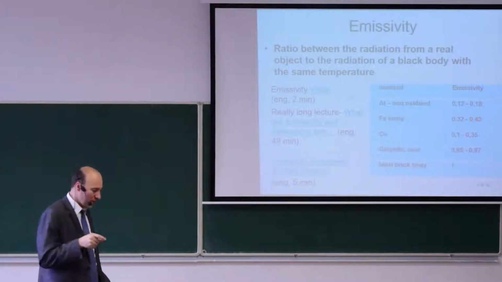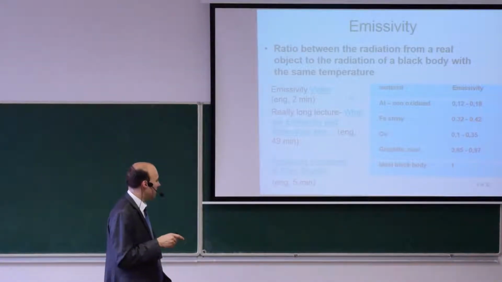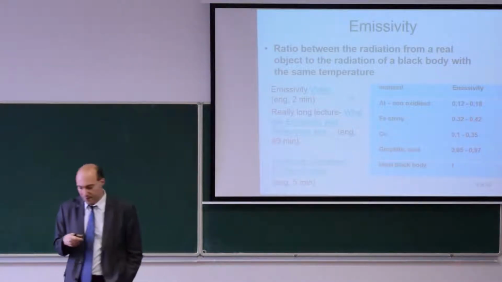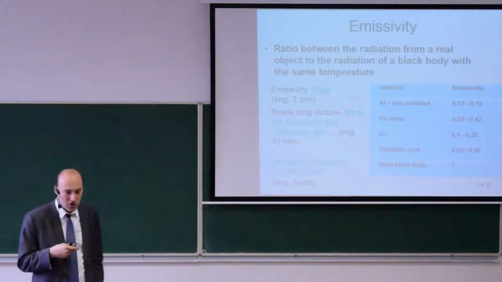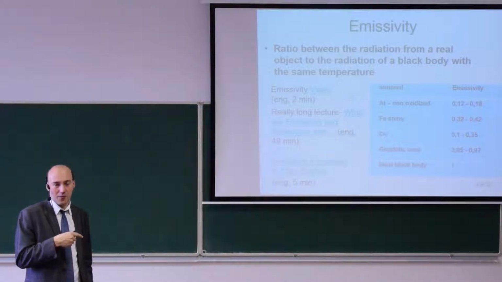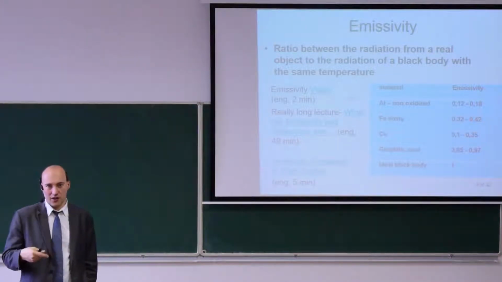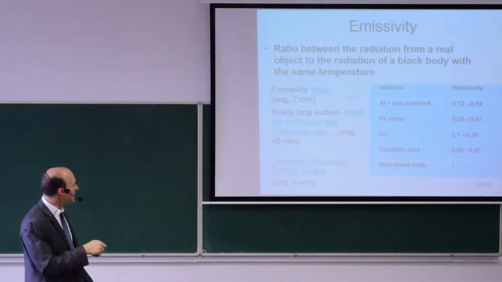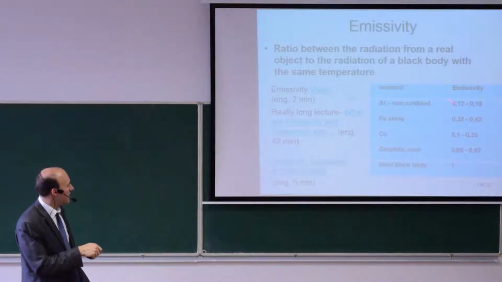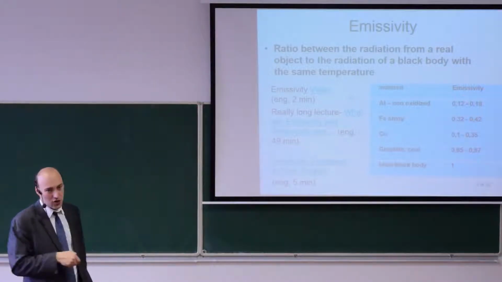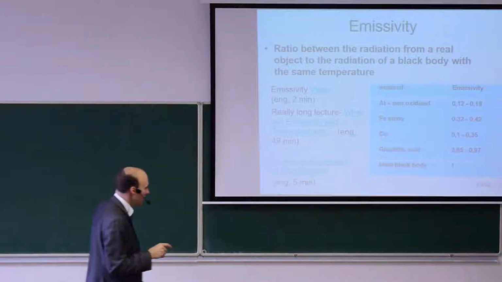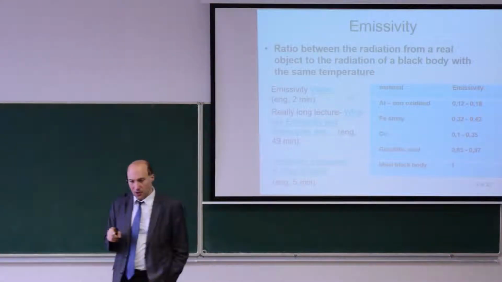So the most problematic number in this application is how to get the emissivity of the object that you want to measure. You can see that it varies in a very wide range. An ideal black body has emissivity of 1.